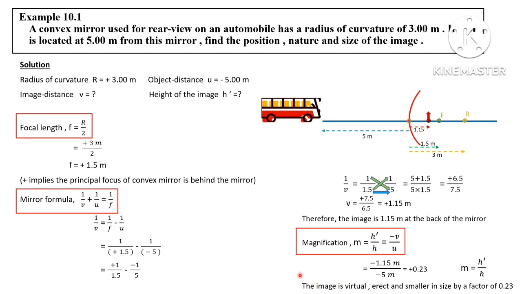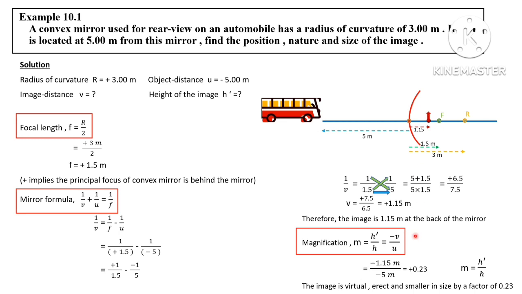We can conclude that the image is virtual because the image is not formed by the converged rays. It is formed from the extension of diverging rays from the convex mirror. Okay, so we can say the image is virtual and the image is erect, which means the image is not inverted, it is upright.